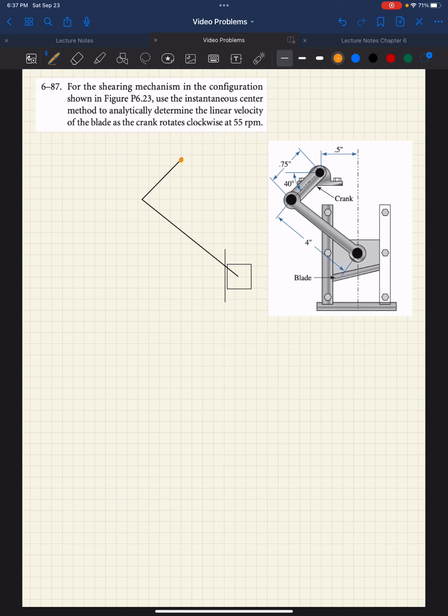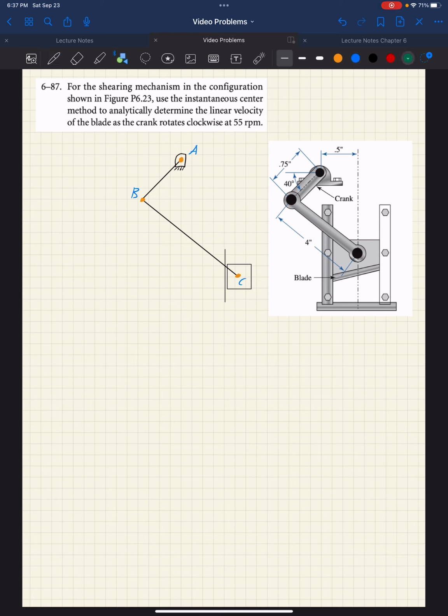All right, let's label some of these joints and draw our frame connection. Call that A, call that B, and we'll call this C down here.